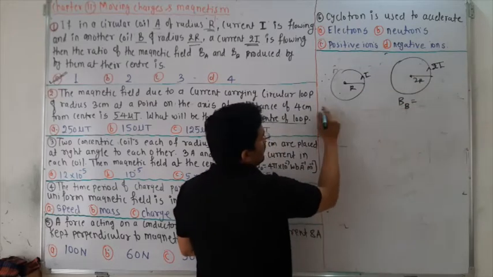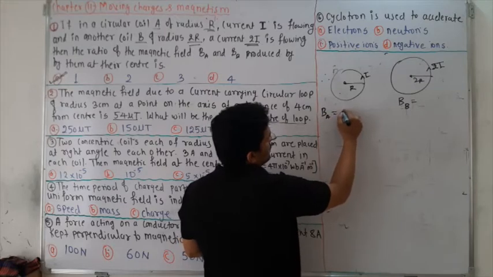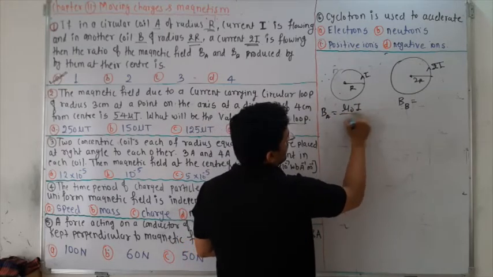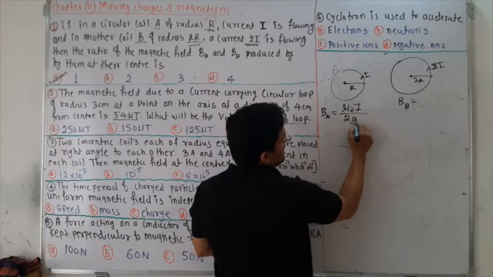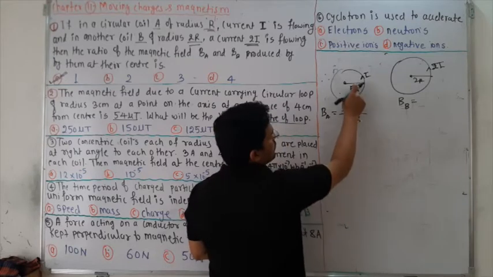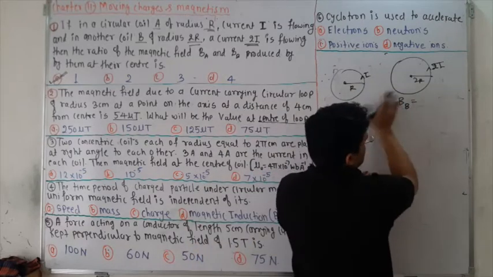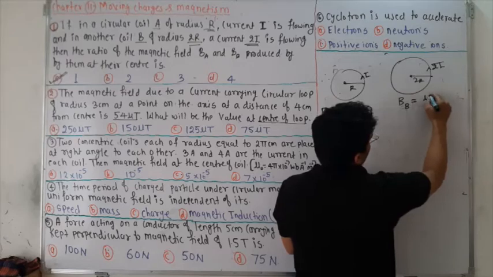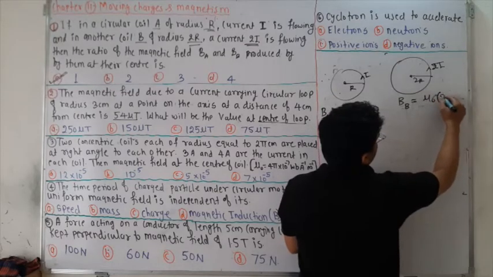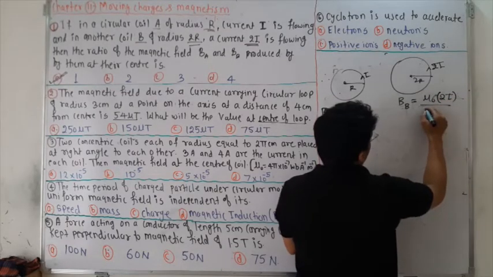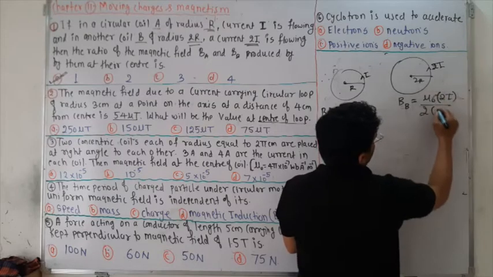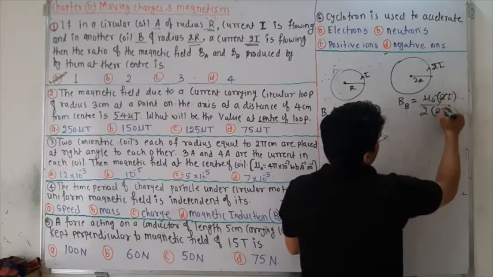We already know the magnetic field at the center of a coil is mu naught times I divided by 2A, and A is nothing but the radius. So here the radius is R. Apply the same equation for the other coil: mu naught times 2I divided by 2, but the radius is 2R, so the 2s get cancelled out.